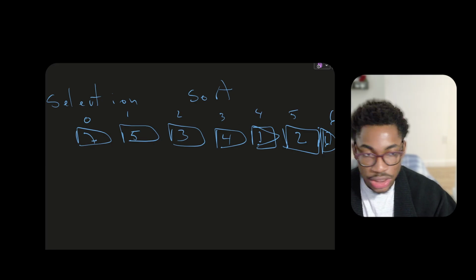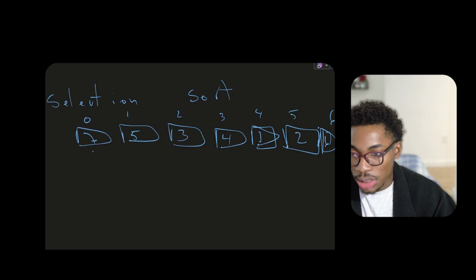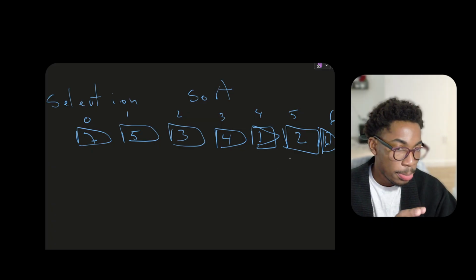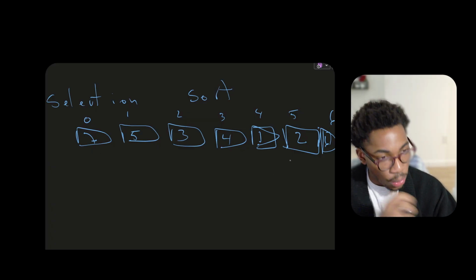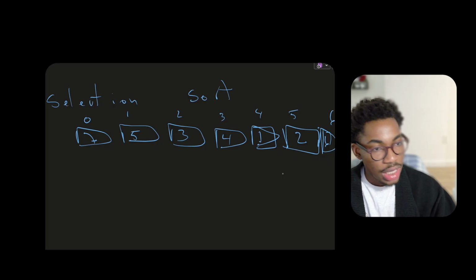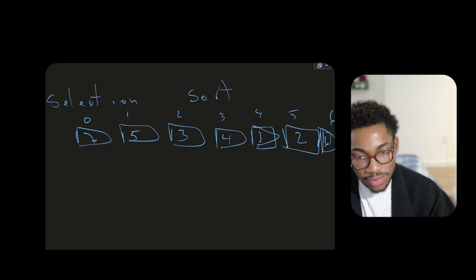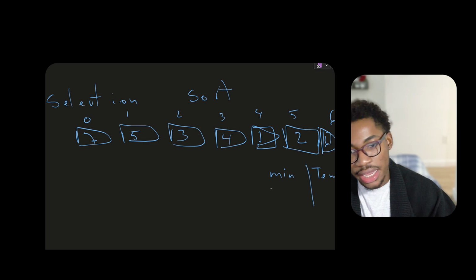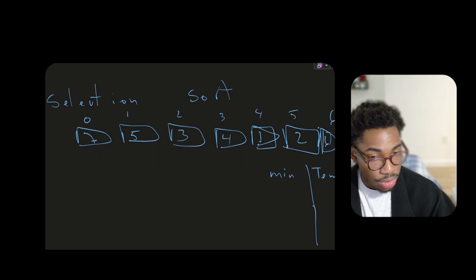Okay. So let's go. From there on, we're gonna say, hey, let's create a minimum and then a temporary to hold those values. So we're gonna have a section that's gonna have our minimum value and our temporary value. Over here we're gonna have our temp, right? And we're just gonna hold our temporary value.